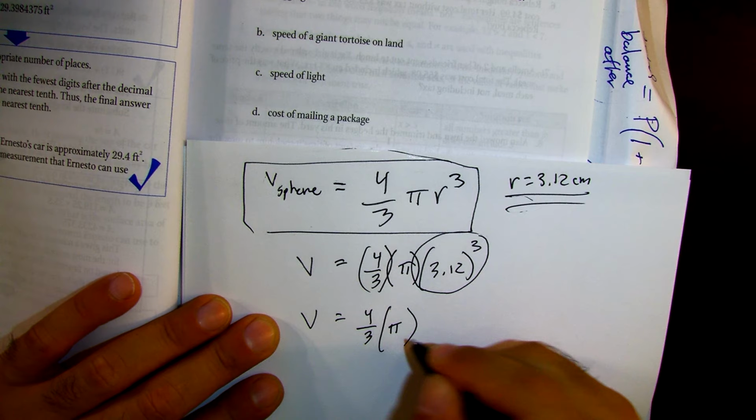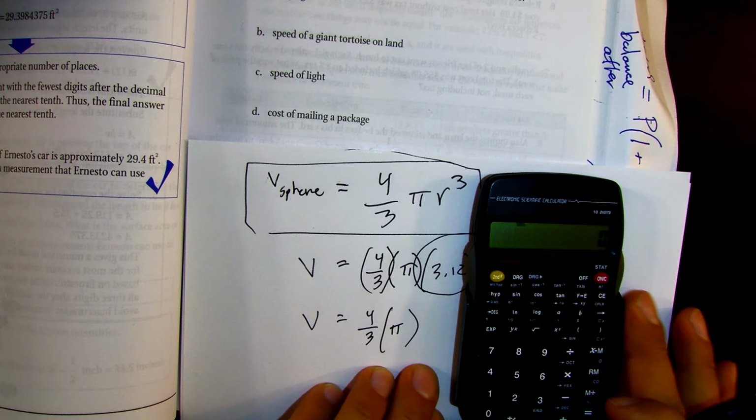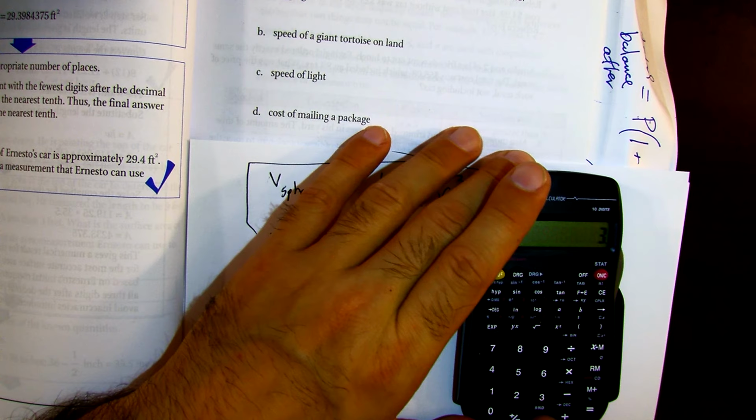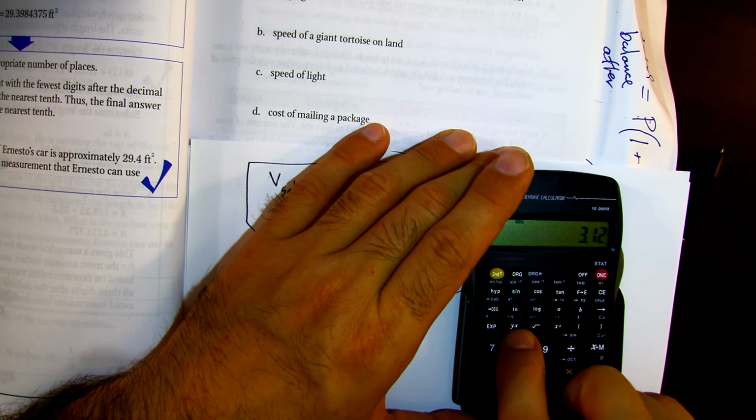So I'm going to go in here and put in 3.12. And we're going to use this button right here. It's the one with the X to the Y. You might have a button that looks like a little chevron. The chevron is also the exponent button.